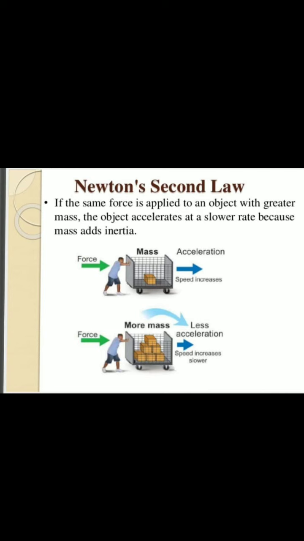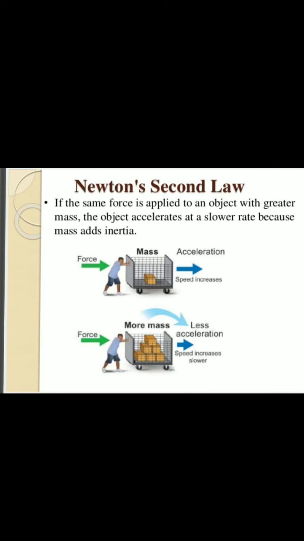Its velocity changes very slowly, because mass adds inertia. Clear? So we get two things. Keep it in your mind. If mass is constant, meaning the same object of the same mass, and you apply different forces, the more force you apply, the more it will accelerate.